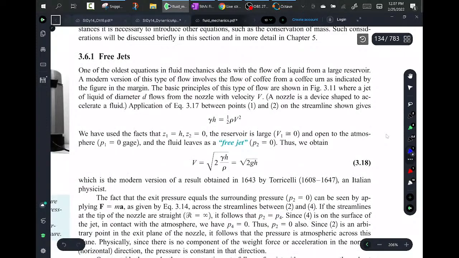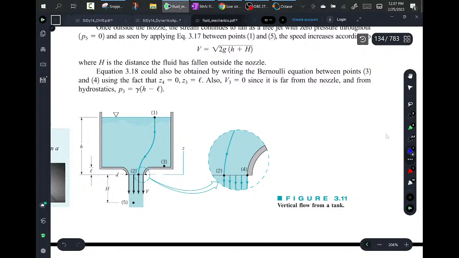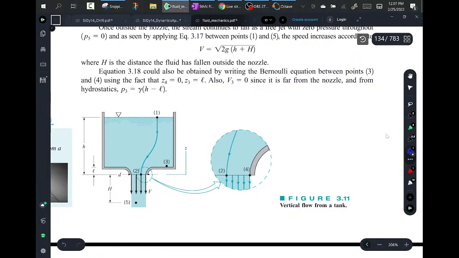He talks about free jets. But what I want to do, I'm just going to give kind of an overview. He's tracking the fact that this point could end up there. If you look at 3, there could be no or little velocity here.